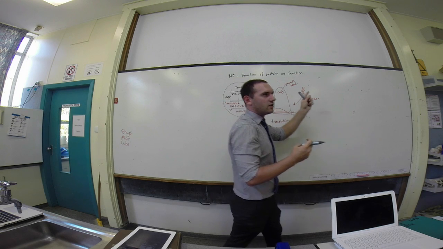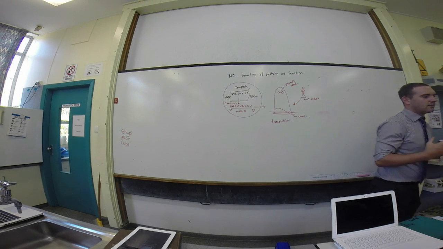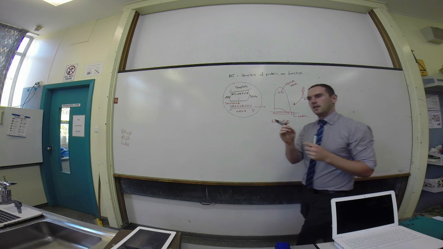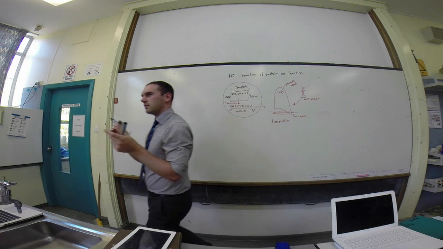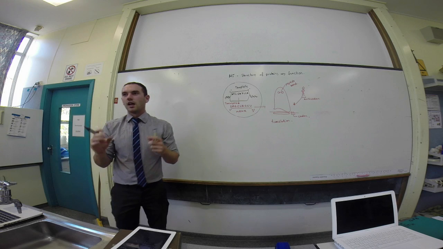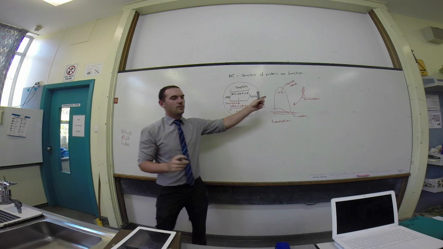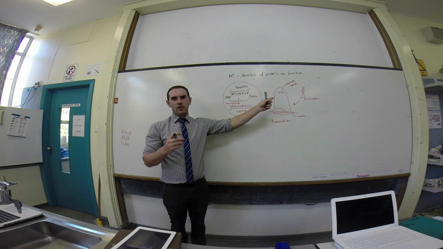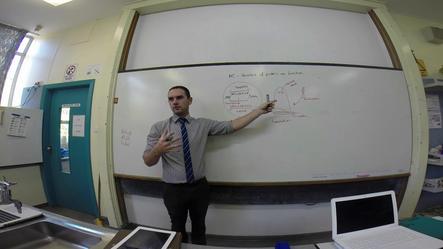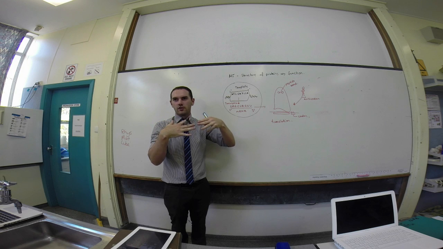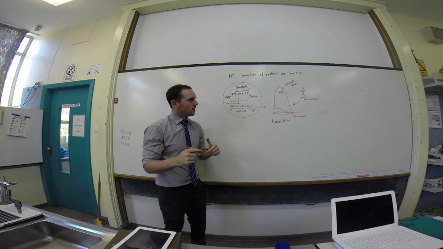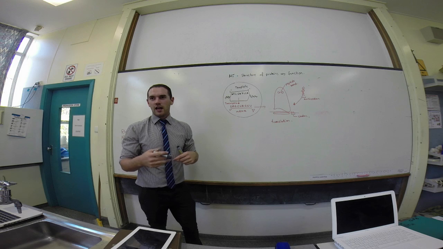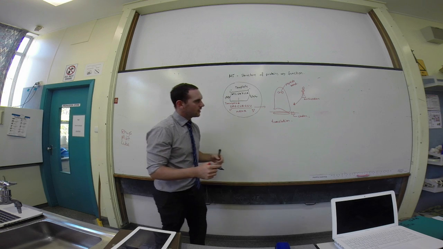A hydrogen bond is an attraction between hydrogen and oxygen atoms, and nitrogen, fluorine. This peptide bond actually forms with the release of a water molecule. It's a much stronger bond than a hydrogen bond. But we can go into a bit more detail on that as we go on if we like.